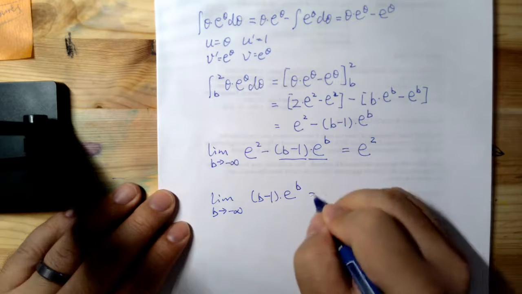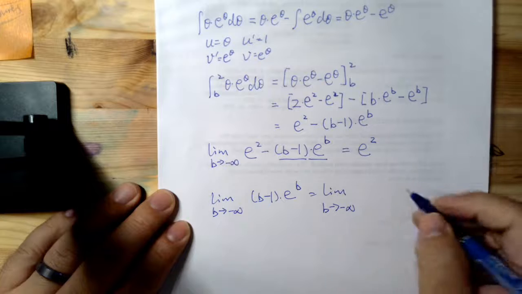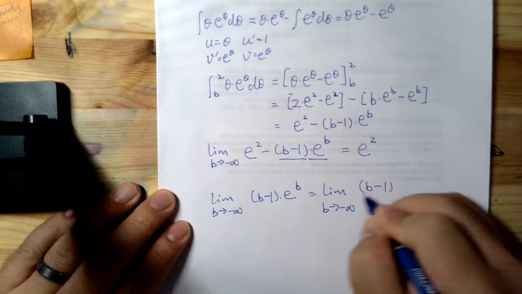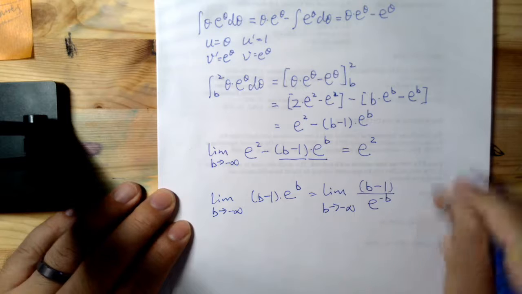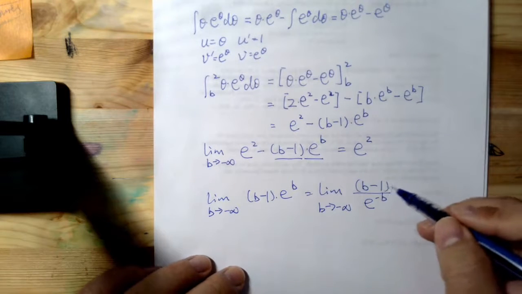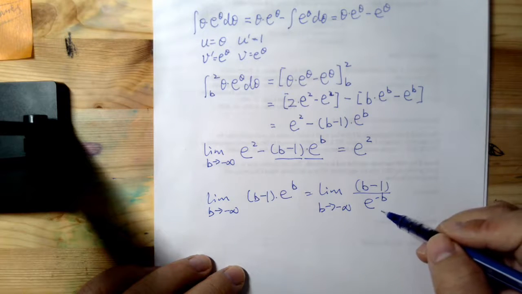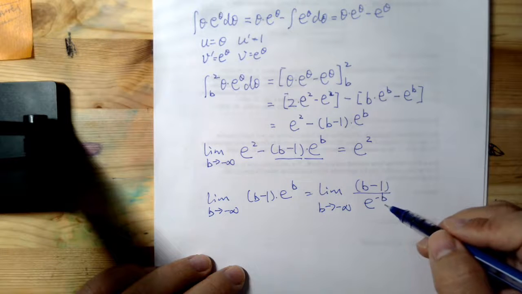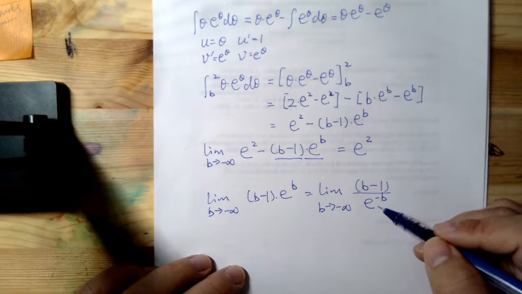I can also write this limit as b goes to negative infinity of (b minus 1) over e to the power of negative b. You can see that now on the top it goes to negative infinity. On the bottom, e to the power of negative b, where b goes to negative infinity, then negative b goes to positive infinity.